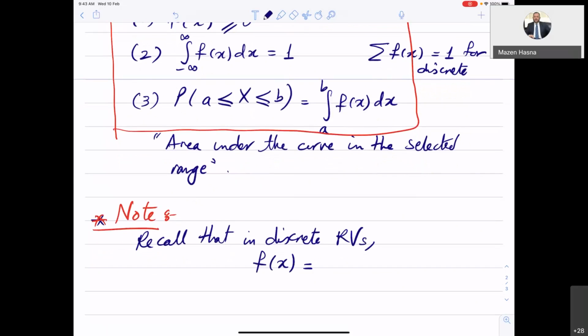Probability capital X equals small x. So it's the probability that my random variable takes a specific value.